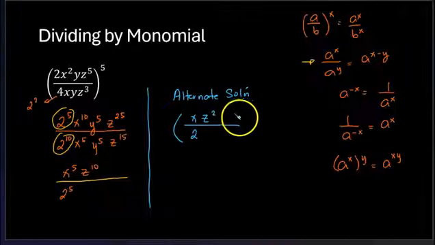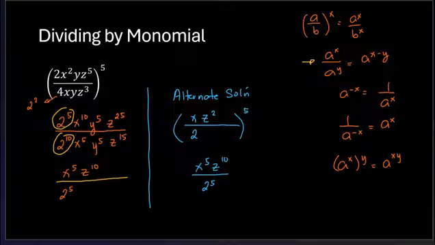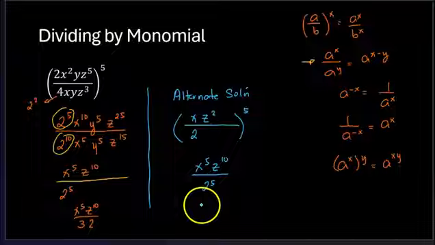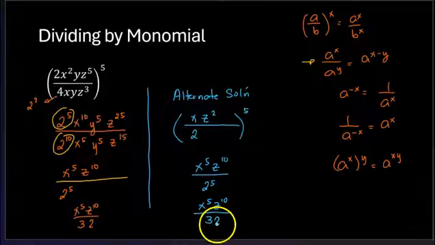That's the time that I will apply the exponent 5. And it would give us the same answer, x raised to 5, z raised to 10 over 2 raised to 5. And by the way, we can simplify 2 raised to 5 as 32. So see, we get the same answer, and it's up to you which one would be easier for you.